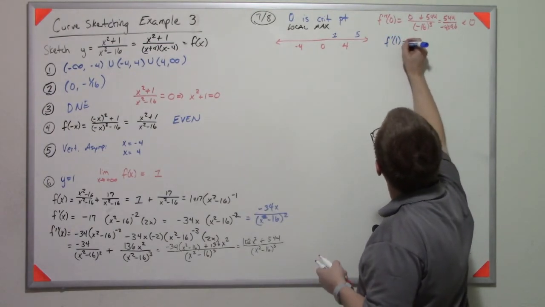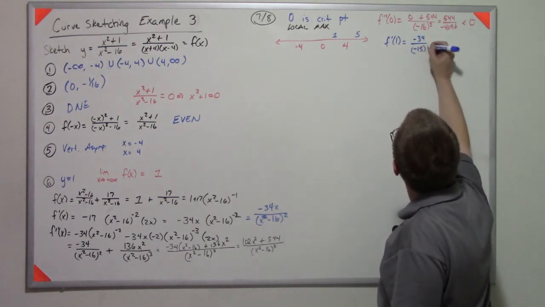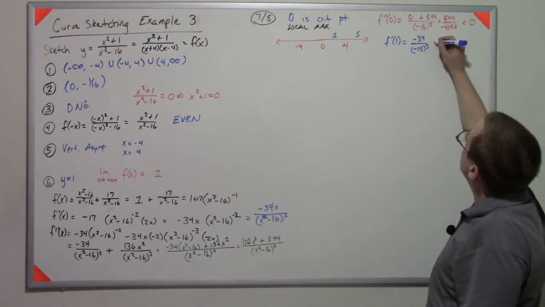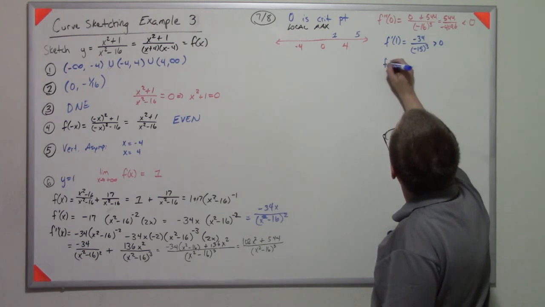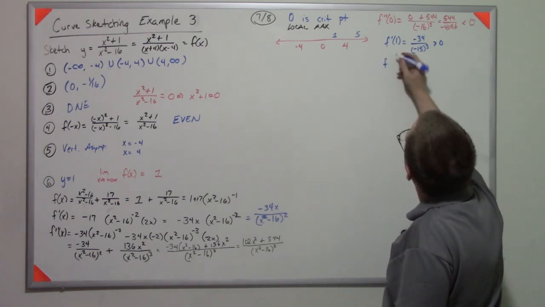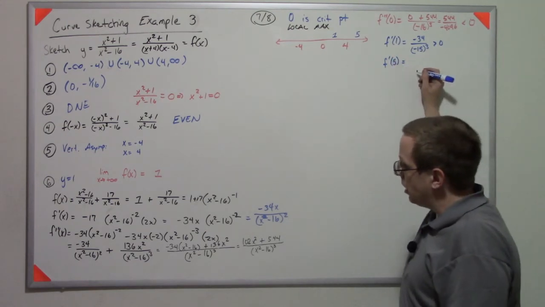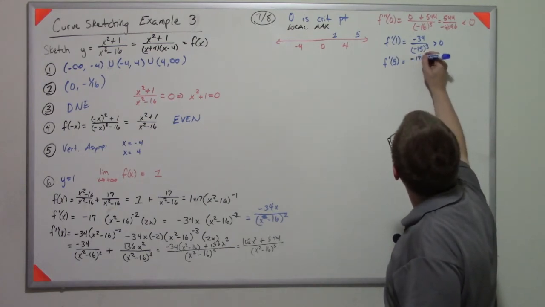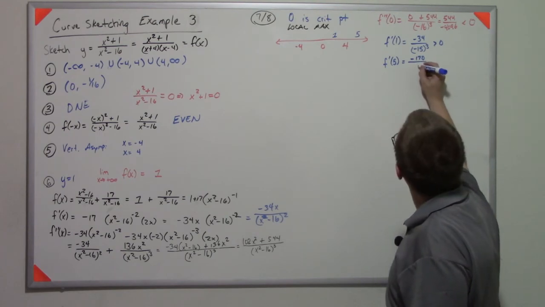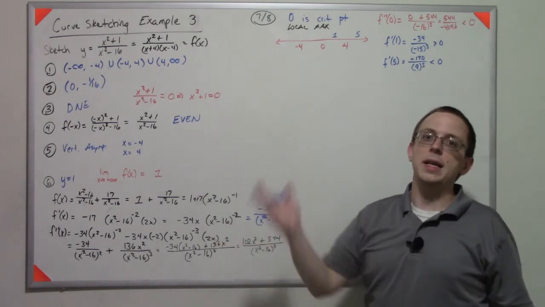So then f prime at 1 is negative 34 over negative 15 cubed. Well, that's negative and that's negative, so that's positive. And f prime at 5 is equal to negative 170 over 9 cubed. It's less than 0. So at 5 it's decreasing, at 1 it's increasing.